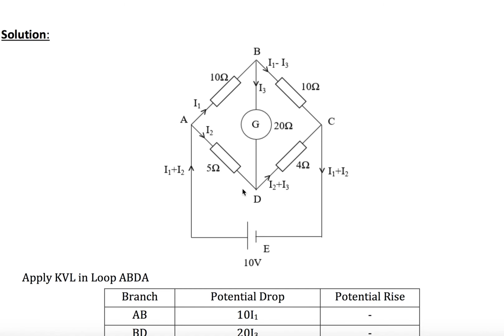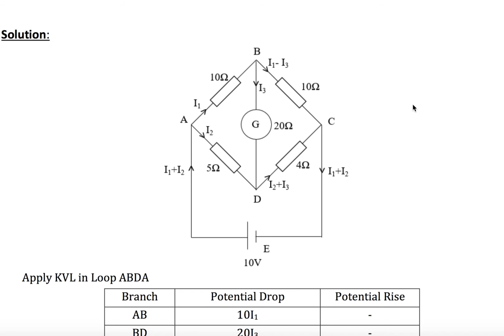Again loop ABDA, what is there? 10 into I1 plus 20 into I3 minus 5 into I2 equal to 0. That is one equation. Again BCDB, 10 into I1 minus I3 minus 4 into I2 plus I3 minus 20 into I3 equal to 0. Take any loop, either top loop or bottom loop.